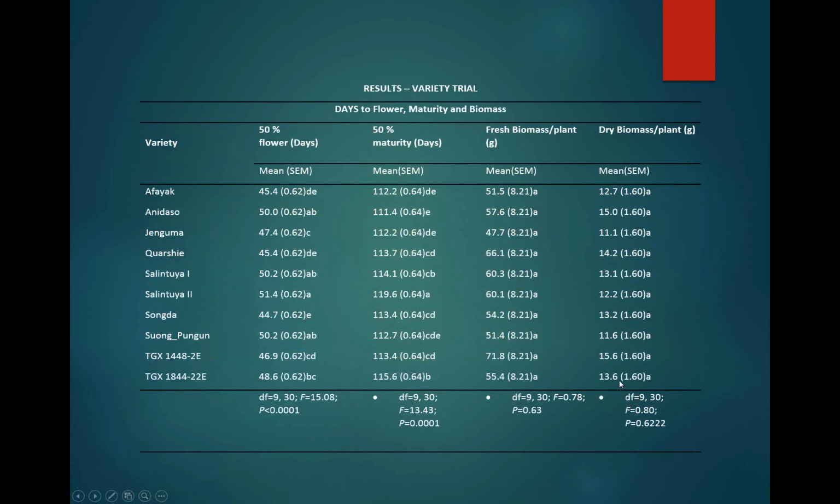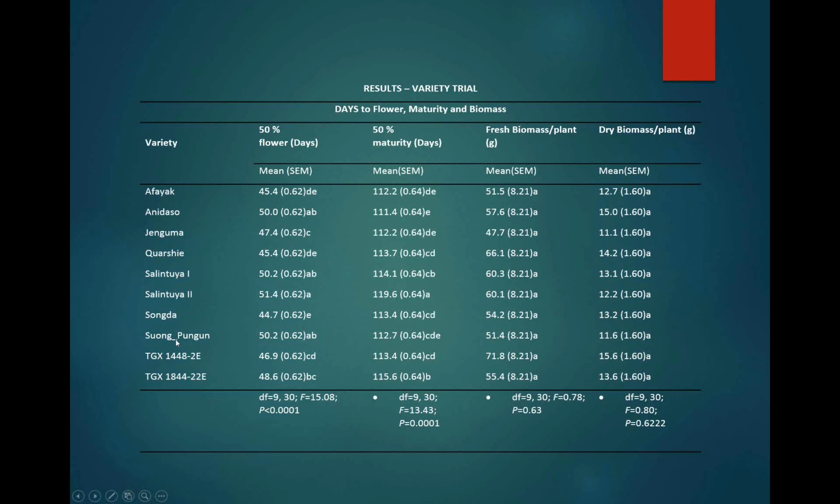Now, sorry for this slide here because I was not able to make it very visible, but I just added it this morning. If you look at the varieties, there were differences in terms of 50% flowering days. We had the highest at 72, and the lowest coming from Afayak and Sonda.